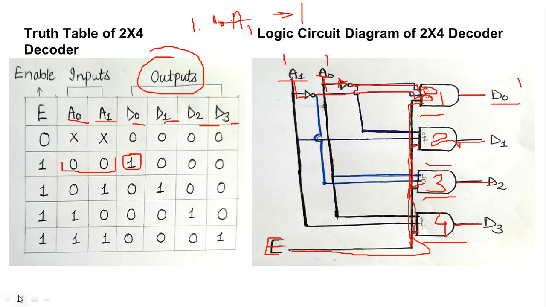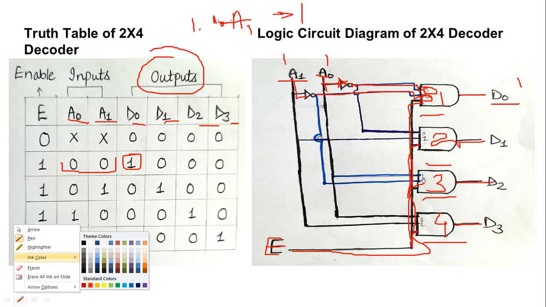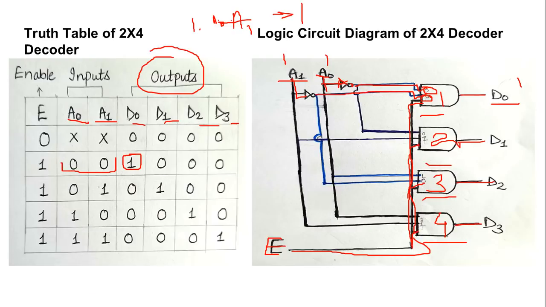Now is about the second key term. Now the second is when a naught and a1 are equal to 0 and 1. Now the value of a naught is 0 and a1 is equal to 1. Again, a naught by default is equal to 1. So what I am expecting here? 0. So okay, let's do that.